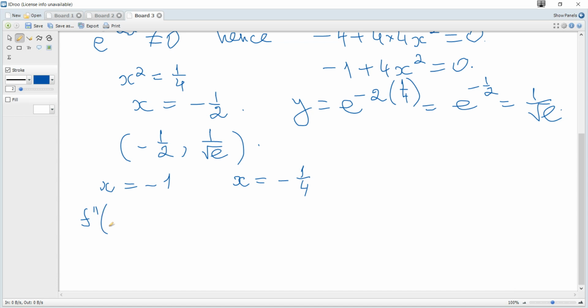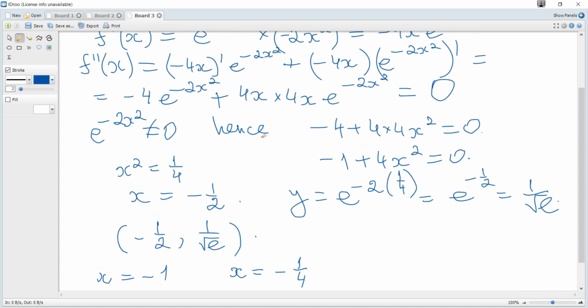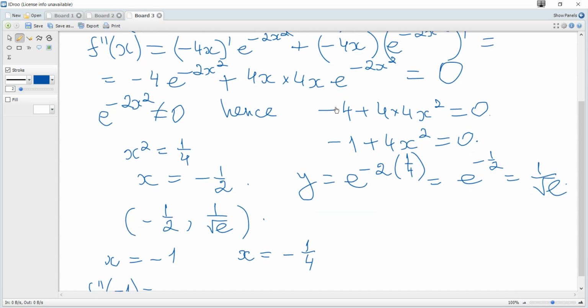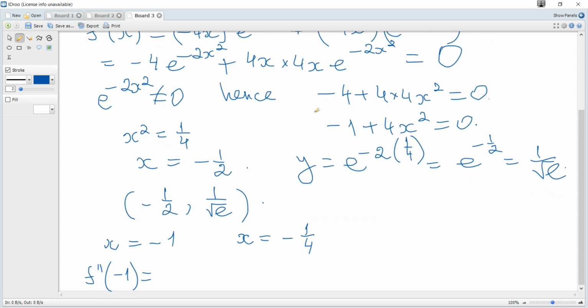The second derivative at negative 1 is, where is the second derivative? It's this expression, and we need only the sign. When x is negative 1, x squared is 1, so 16 minus 4, and it's positive.